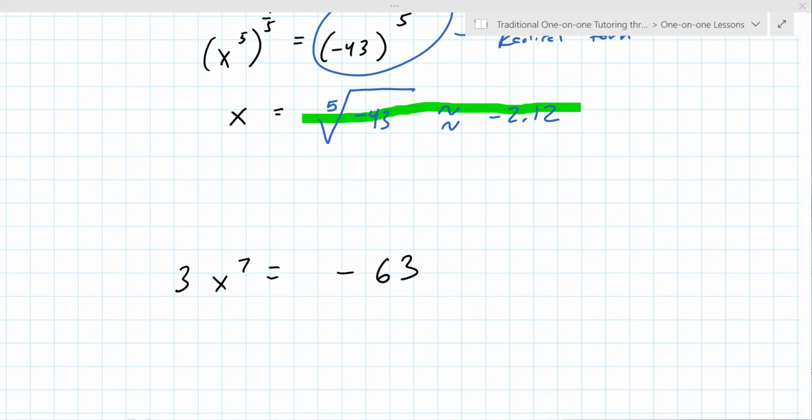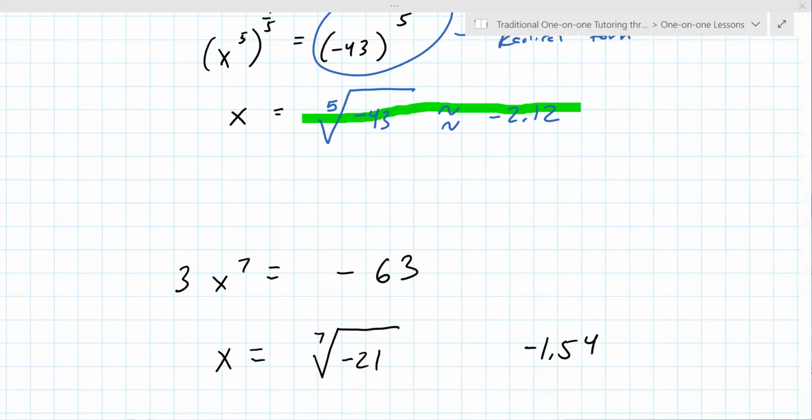So I got x equals negative 1.54. Okay, what about the root form though? It would be 7th radical negative 21. Yes, 7th root of negative 21. Yeah, that's good.